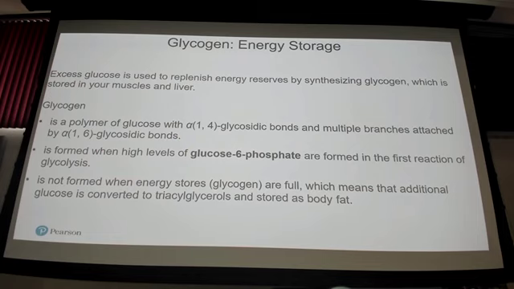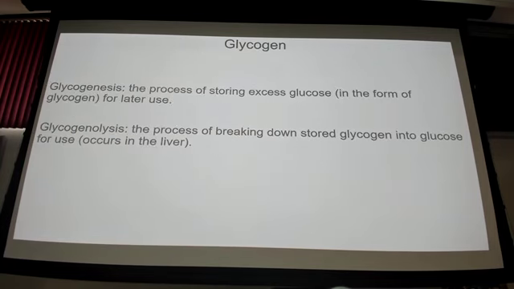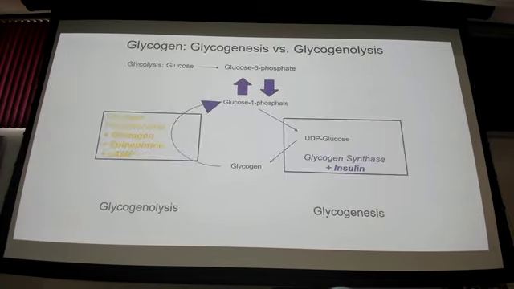Any questions about that? Again, glycogenesis, synthesis of glycogen for later use. Glycogenolysis is the breakdown of glycogen into glucose, and that occurs in our liver. And here is a little schematic of the reaction. So we have glycolysis, that glucose 6-phosphate. What's important about glucose 6-phosphate?